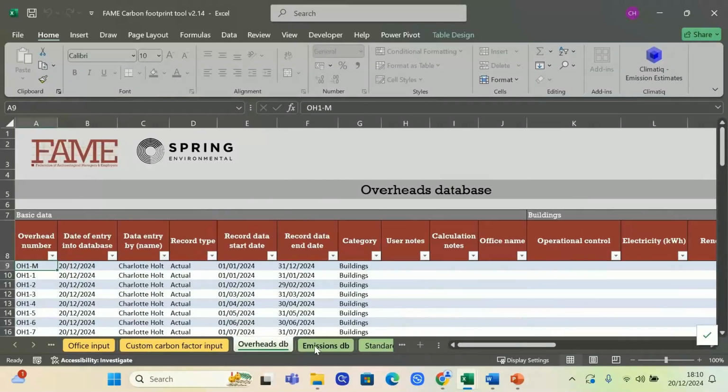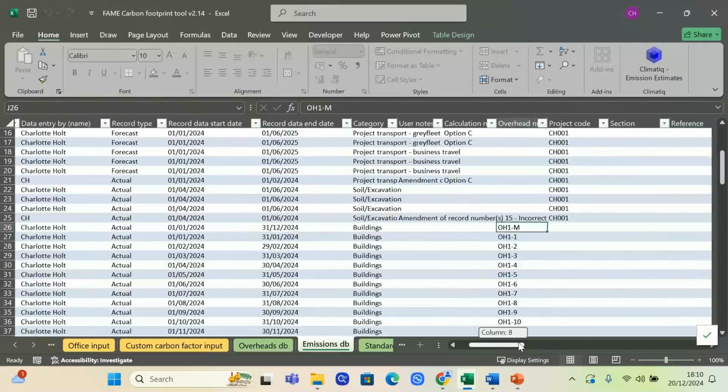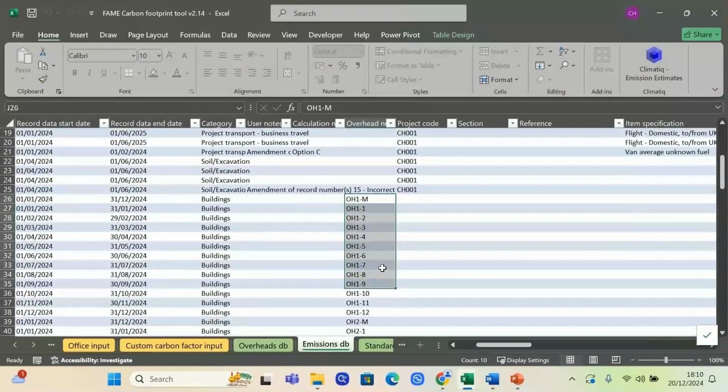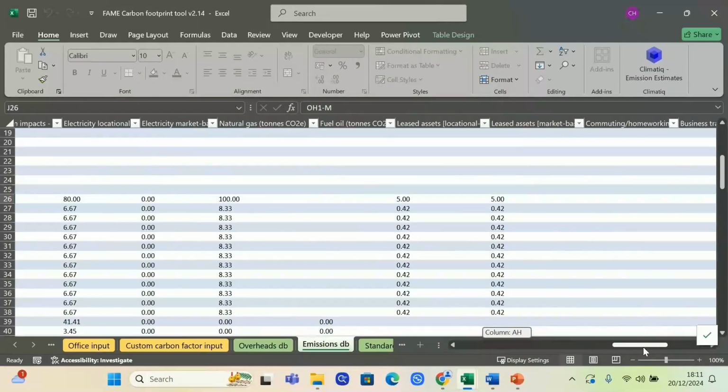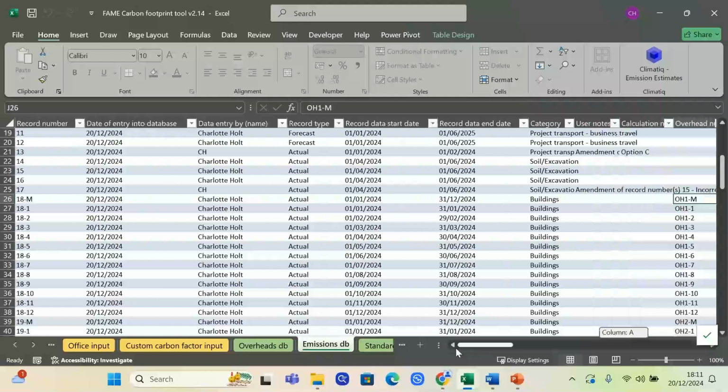In the emissions database, you can see that the overhead number represents where the raw data is stored, and this contains the emission calculation. So for this we will have tons of carbon dioxide equivalent for each one.